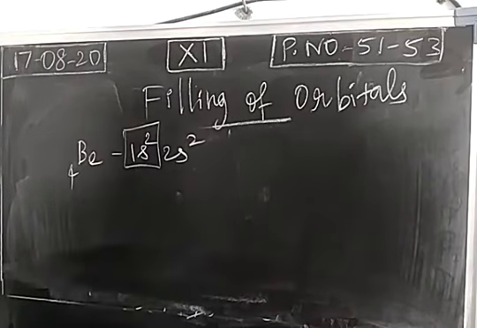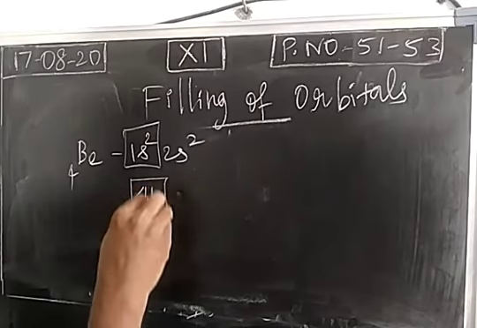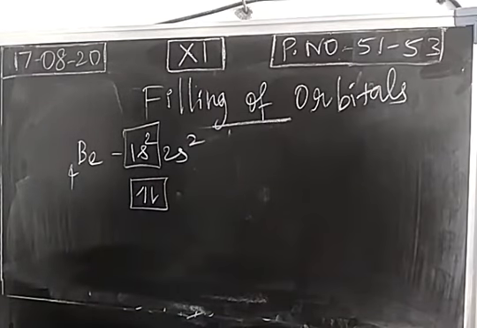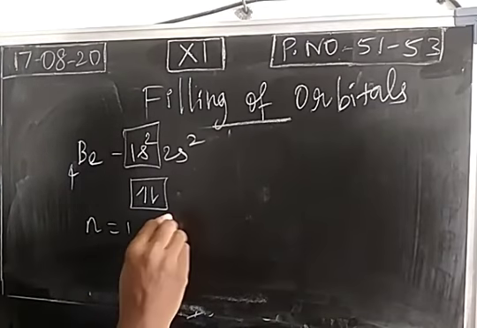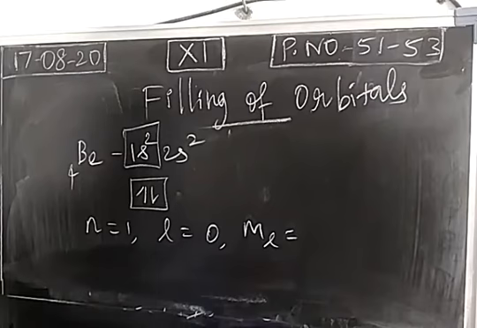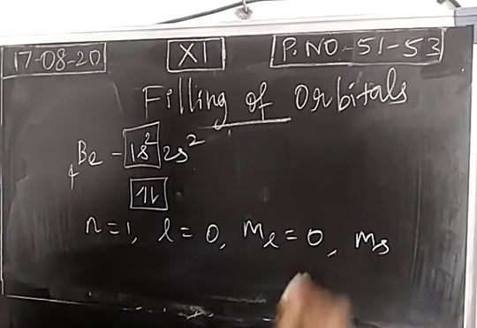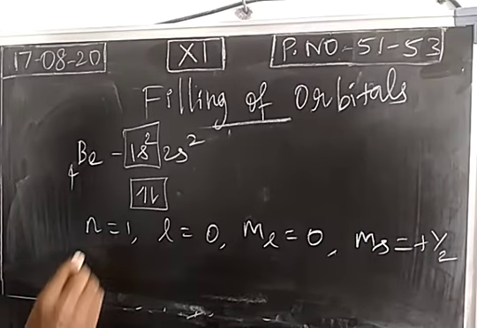Consider the 2 electrons in 1s orbital. What are the possible quantum numbers? N value 1, L value 0, magnetic quantum number 0, spin quantum number plus 1 by 2 for first electron.